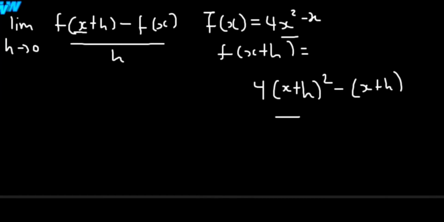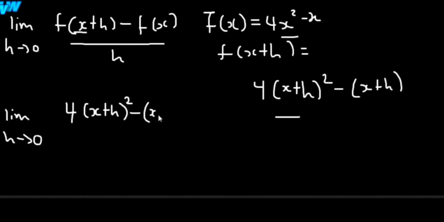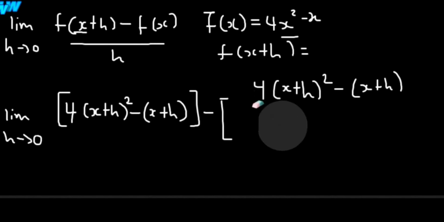So now I have the limit as h approaches 0 to be 4 into bracket x plus h squared minus x plus h. Okay, so all this in one bracket minus this f of x, which is 4x squared minus x.